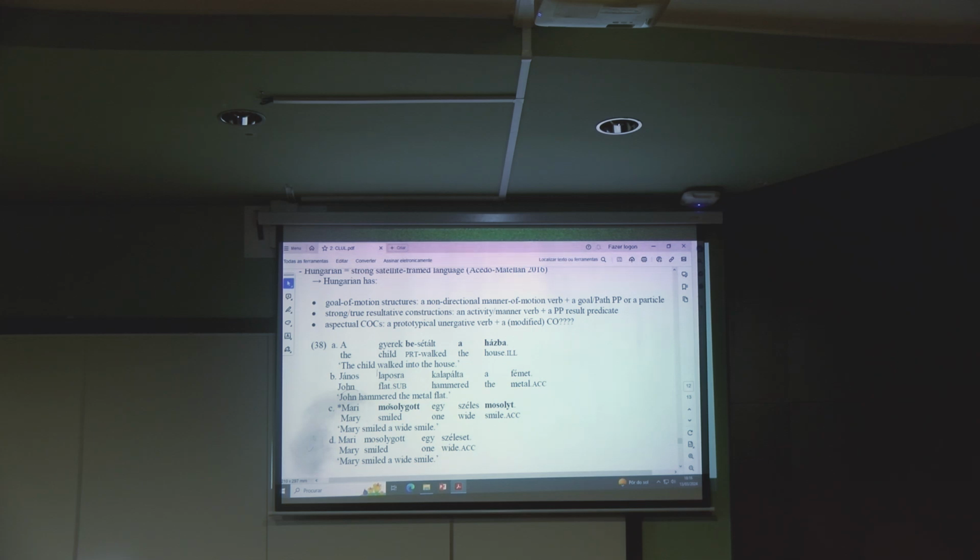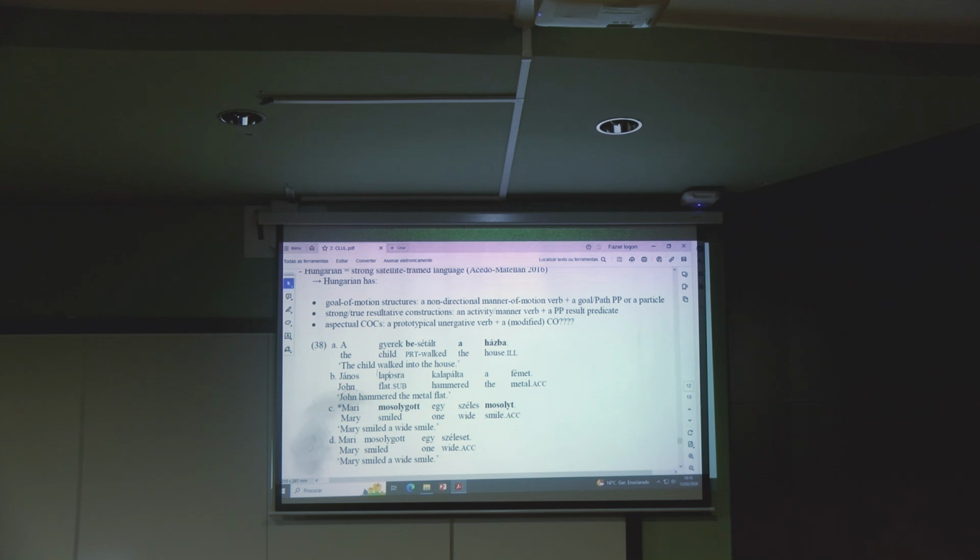What I've discovered is that in Hungarian, instead of an aspectual cognate object, which again is a semantic and morphological copy of the verb, to smile a wide smile, what we have is a type of pseudo-object, and we have the example in 38D, which would be the acceptable, grammatical counterpart of 38C.